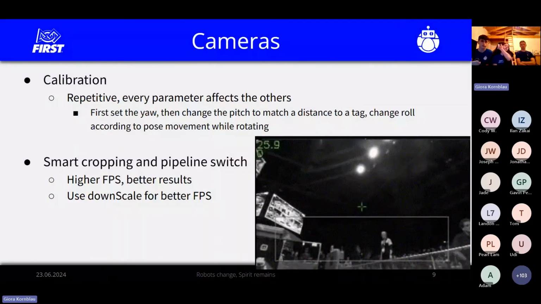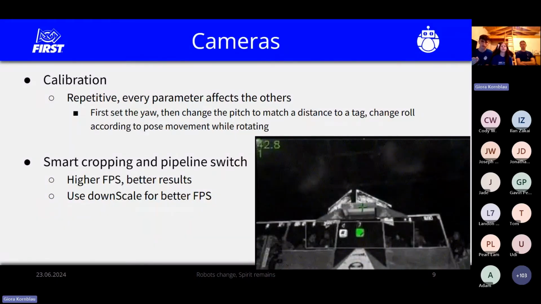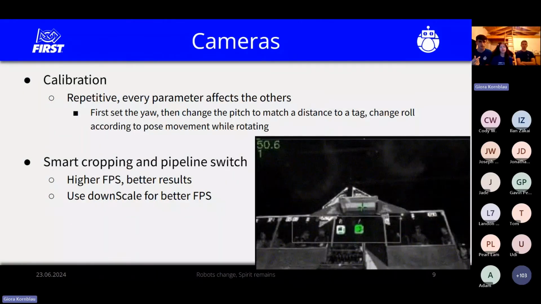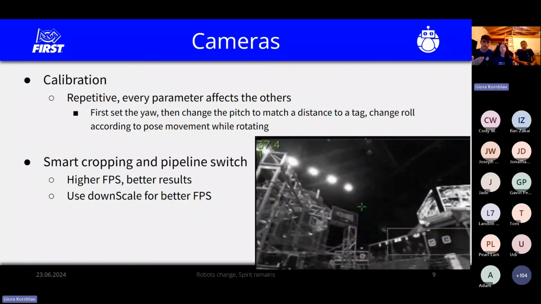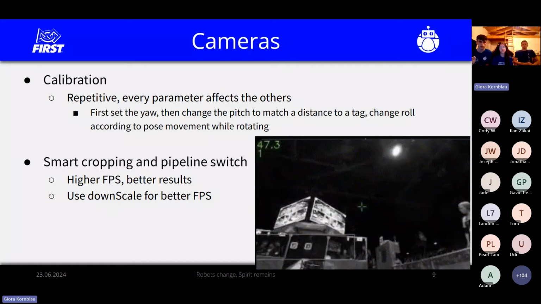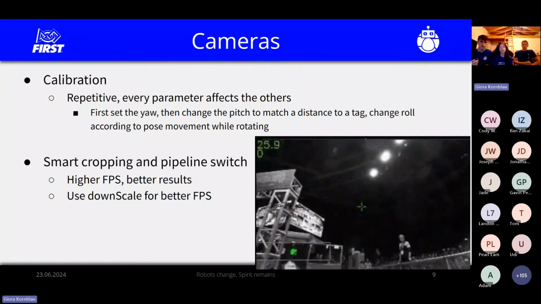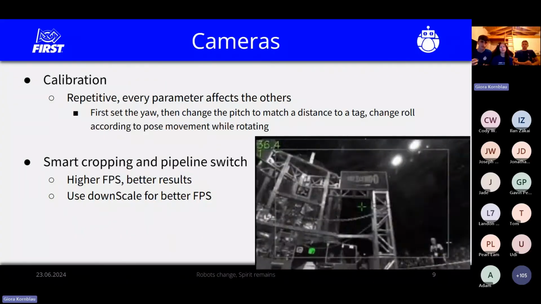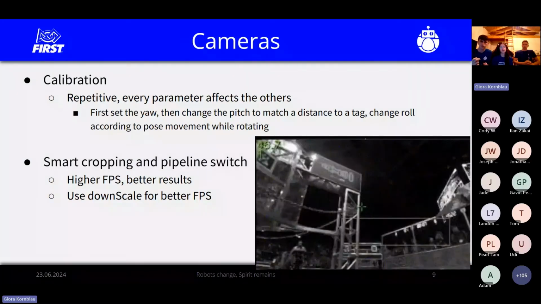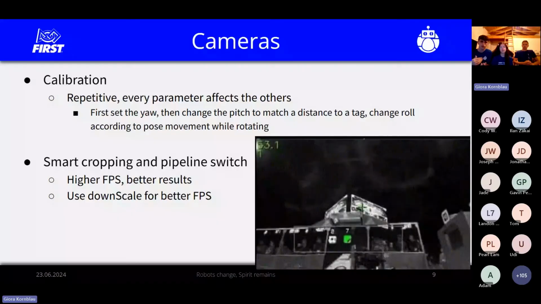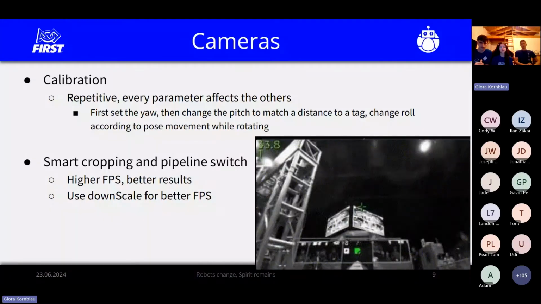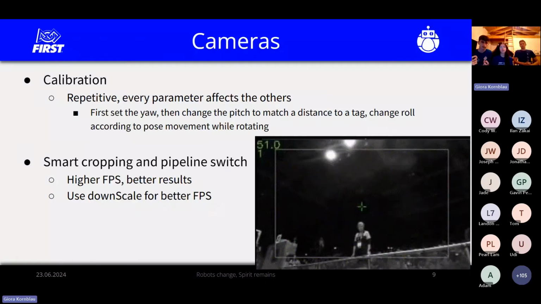So that pipeline was for the close tag detection, because we wanted higher FPS and we didn't really need the range that the lower downscale gave us. And the other pipeline has lower downscaling, which gives us a better range that we can view the tag from, but it gets us a bit less FPS. So we will crop that pipeline a bit more.